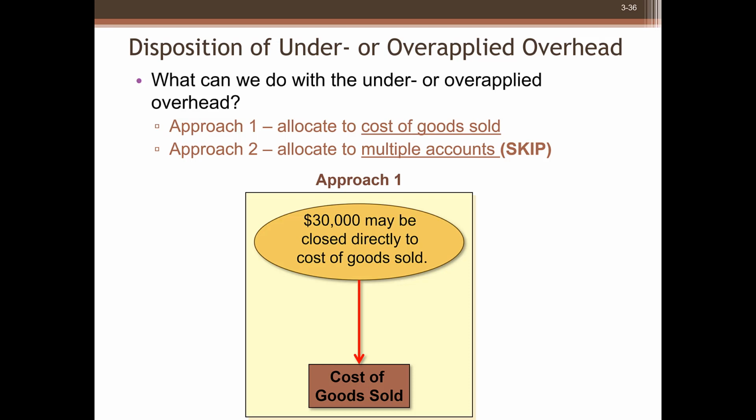Here, manufacturing overhead is also a temporary account. That's why if there's any balance at the end of a period, we should close it. In approach 1, we close it to cost of goods sold.